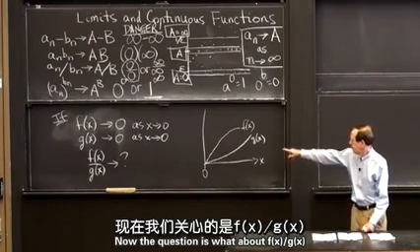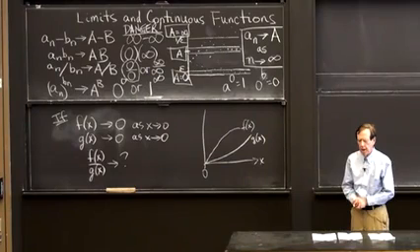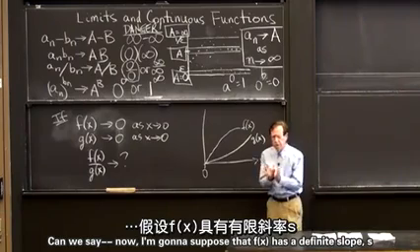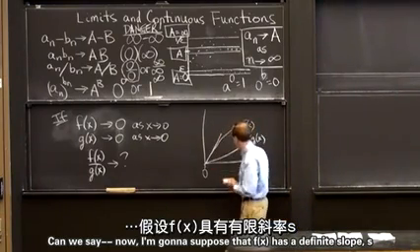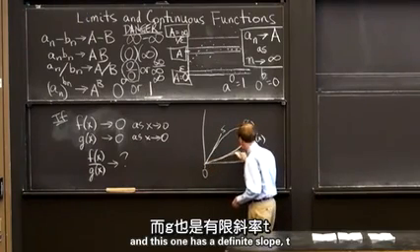Now, the question is, what about f of x over g of x? Okay. Can we say? Now, I'm going to suppose that f of x has a definite slope, s. And this one has a definite slope, t.